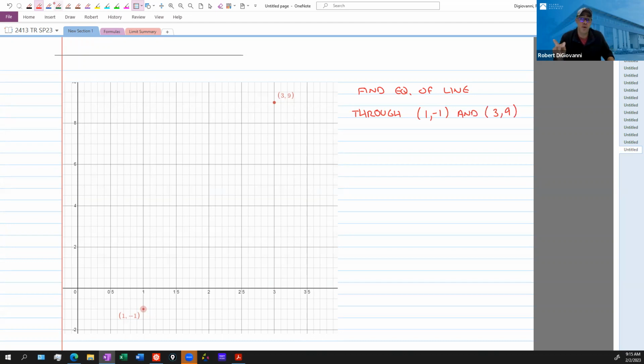I've given you 2 points, and now I want the equation of the line that goes through those 2 points. To find the equation of the line, you need 2 things: a point and a slope.